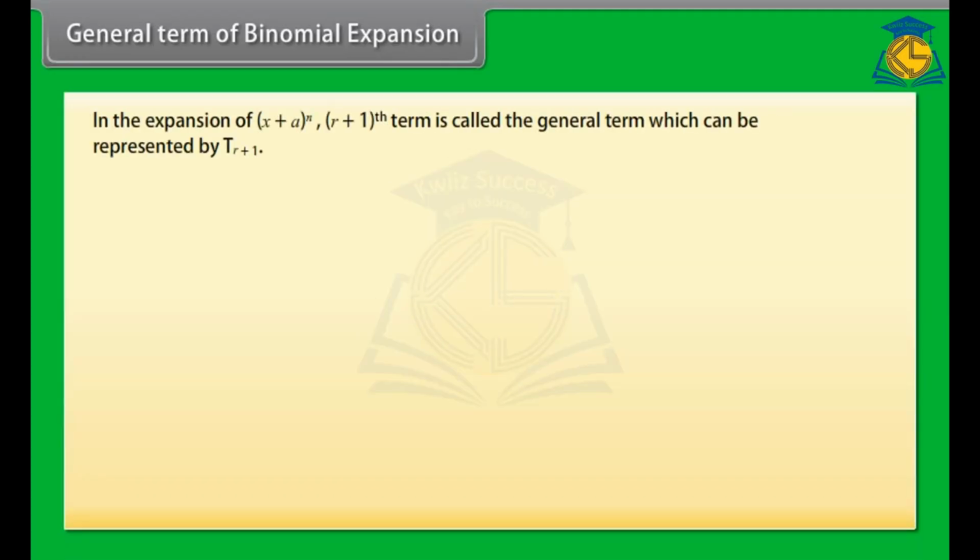General term of binomial expansion. In the expansion of (x+a)ⁿ, the (r+1)th term is called the general term, which can be represented by T(r+1). T(r+1) is equal to nCr x^(n−r) a^r, which is nCr times the first term raised to power n−r into the second term raised to power r.